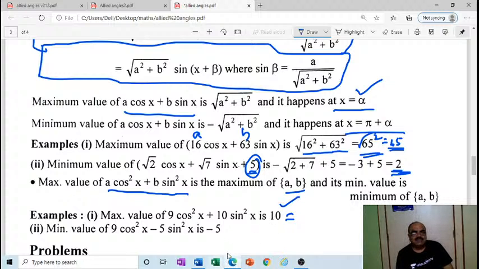It is 10. The minimum of these two, what is it? It is minus 5. Whichever is maximum between A and B is highlighted as the maximum value. Whichever is the minimum value is highlighted as the minimum.